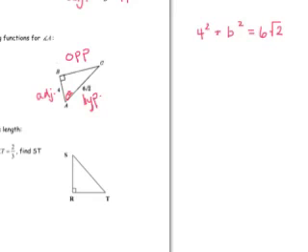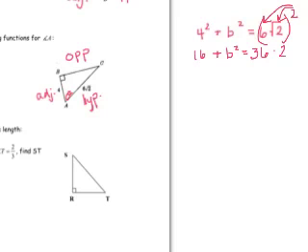You're going to square c squared, so you got to square that whole thing. So this is 16 plus b squared equals, so 6 squared is 36. Square root of 2 squared is 2. So that's actually 72.